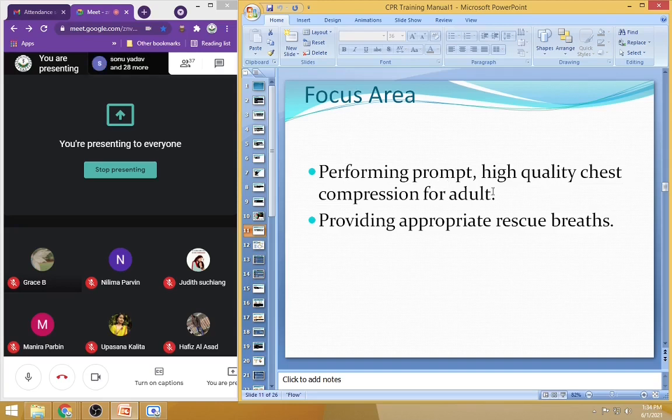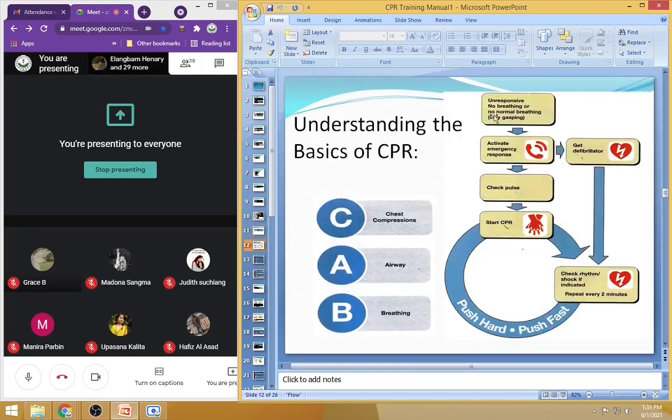Today we'll talk about adults, and providing appropriate rescue breaths. So CPR involves two important things, chest compression and rescue breath. This is under BLS, basic life support.